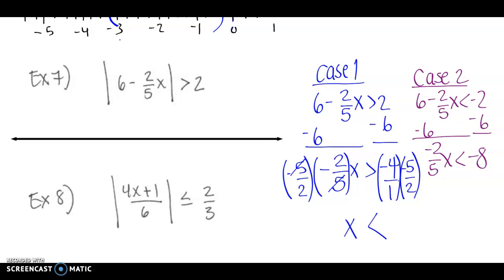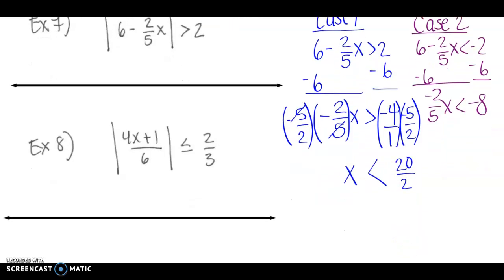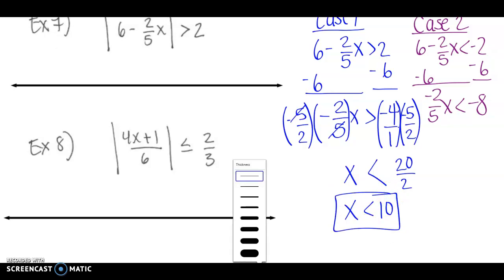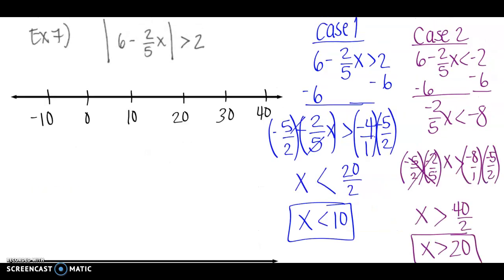Over here on the right side, I have negative 4 times negative 5, so that's positive 20 over 1 times 2, which means I have x is less than 10. I'm going to be graphing that in a minute, and then do the same thing with case 2.